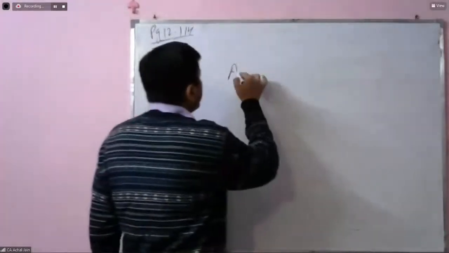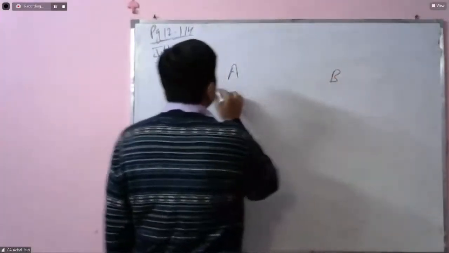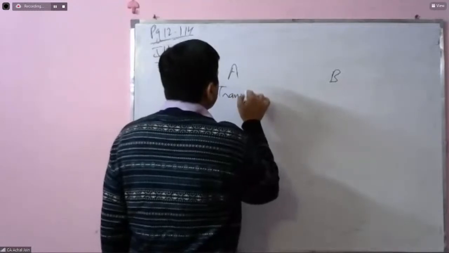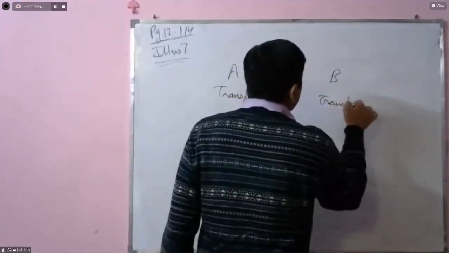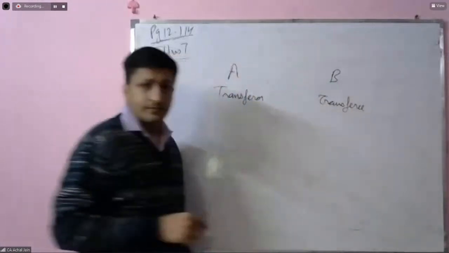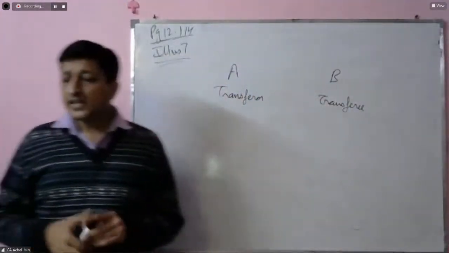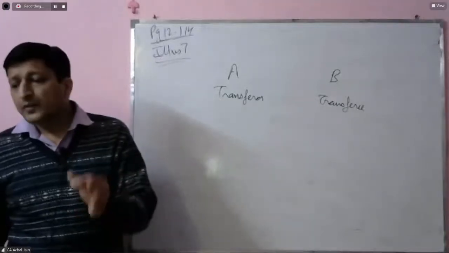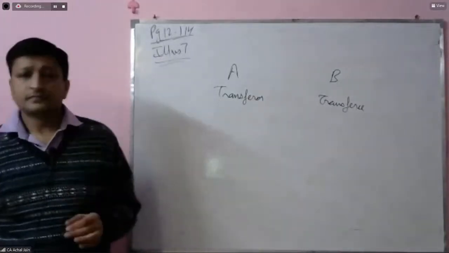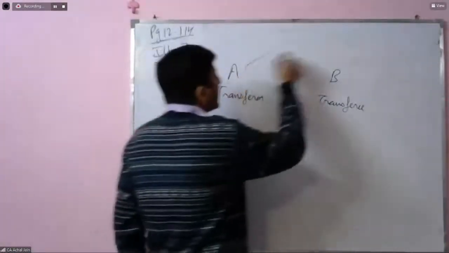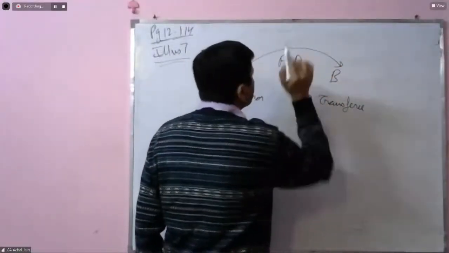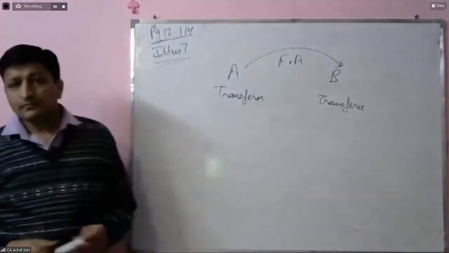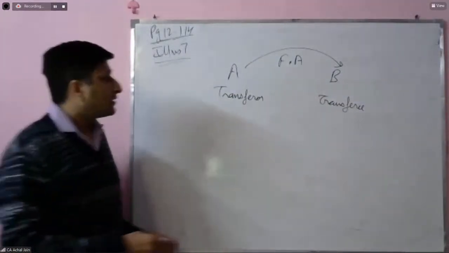So we have A and then B. A is the transferor, B is the transferee. Now what are we saying? A has transferred a financial asset to B. Now there's a repurchase agreement.